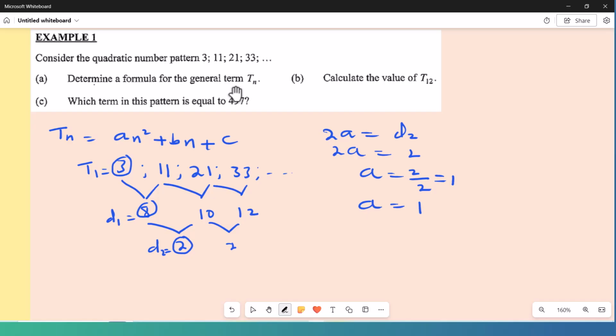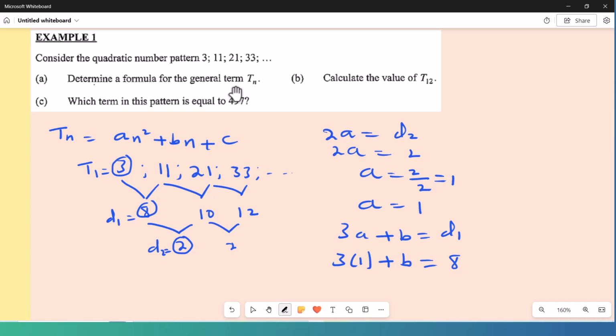We said 3a plus b equals D1. But what is our D1? Our D1 here is 8. Because we know the a, we say 3 multiplied by a, which is 1, plus b gives us our D1, and D1 is 8 in this case.